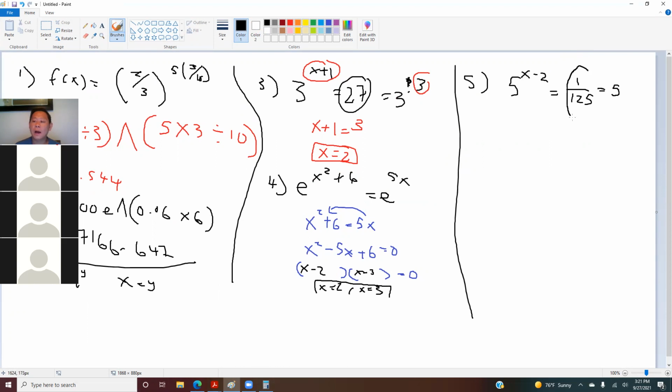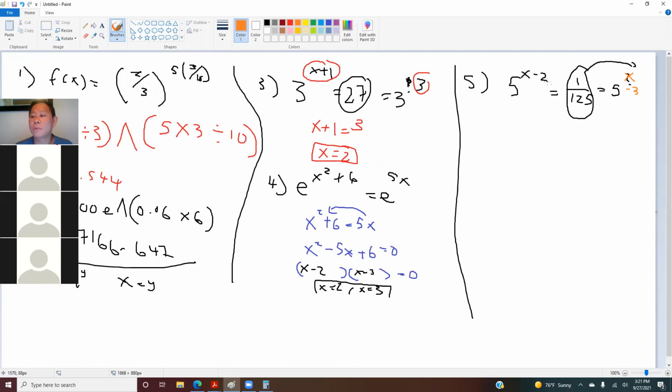Can someone tell me how you change this into a power of 5? 125 is 5 to the power of 3, but we have 1 over, so it's not positive 3. This will be negative 3. So this is 5 to the power of negative 3.